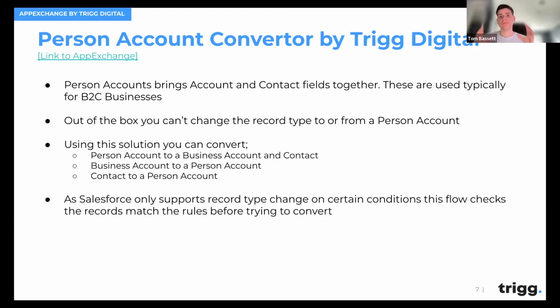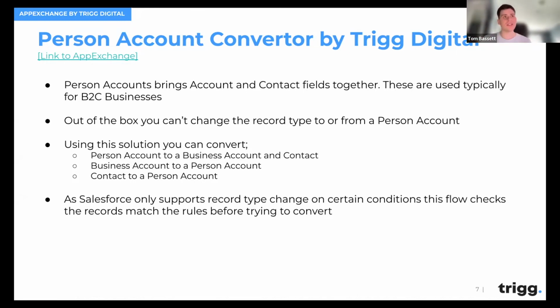You can't toggle between a person account and a business account and a contact. So with this solution, you can convert, and I always get these words the wrong way around, so I'm going to try to say them slowly: a person account to a business account and contact, a business account to a person account, and a contact to a person account. So those are all of the possible scenarios.